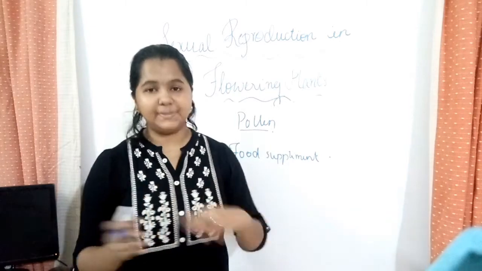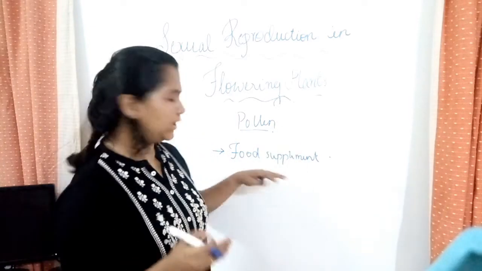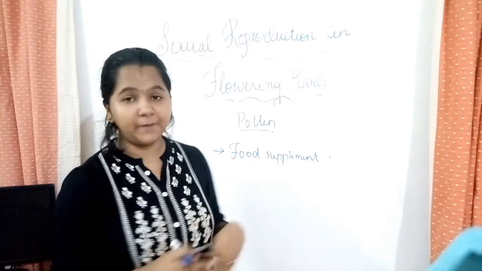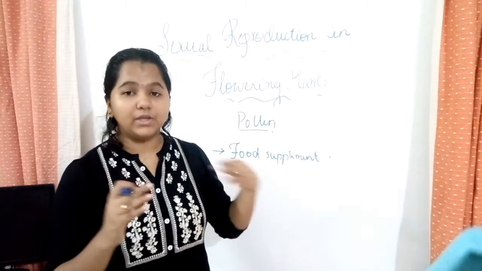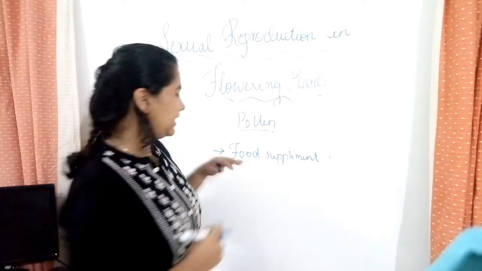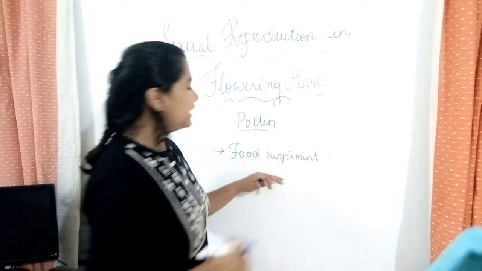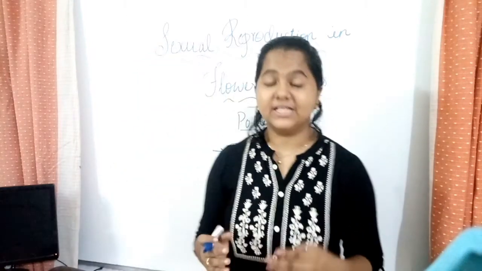Animals like bees eat these pollen grains, whereas human beings like athletes who need high energy eat pollen grains as supplements.